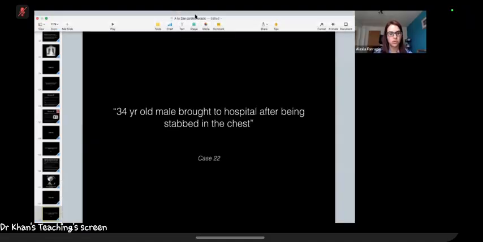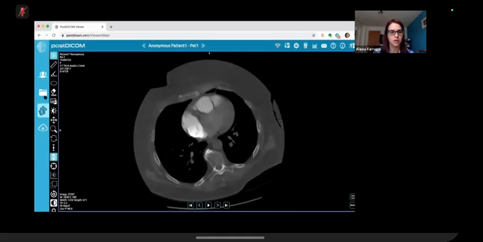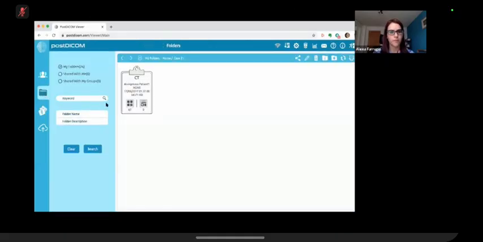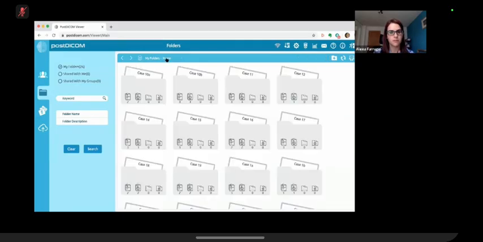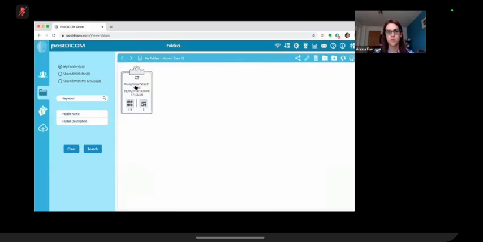Case 22. That's the history for you. Yep. 34-year-old male who was brought to the hospital after being stabbed in the chest. So let's have a look at the imaging for this gentleman. So a CT was done.